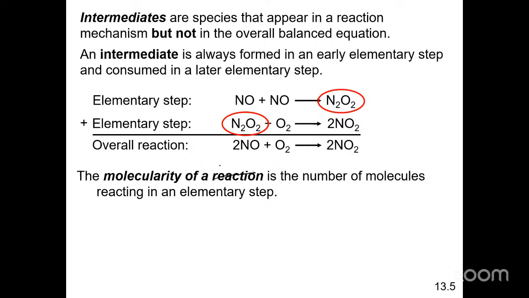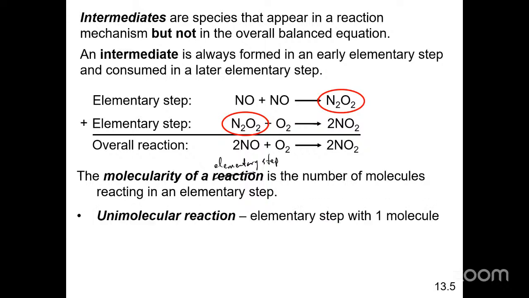It's in reference to an elementary step. So let me put that here. The molecularity of an elementary step is the number of reactive molecules that are involved in that step. That's what the term molecularity means.